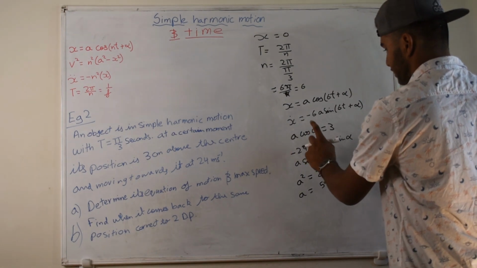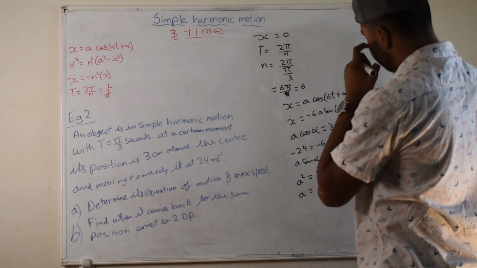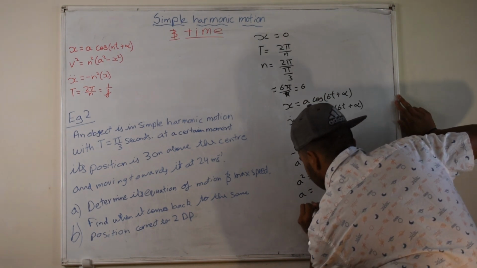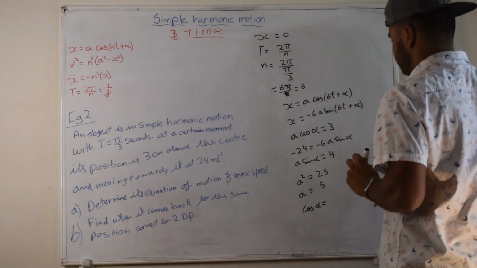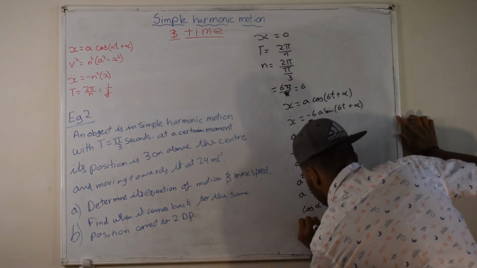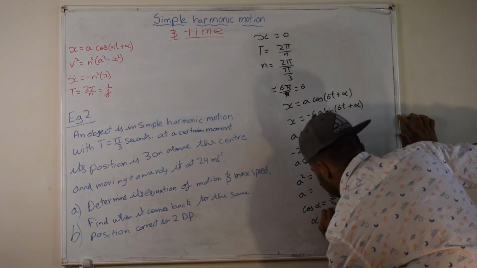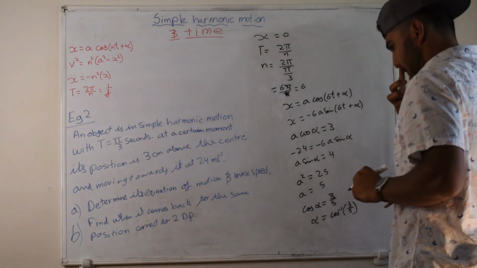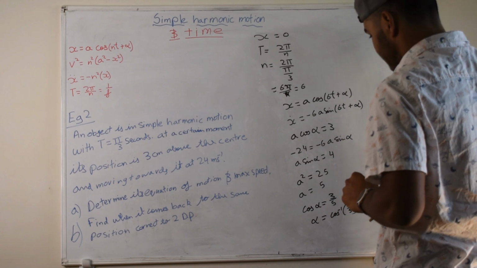Coming back to this example over here, if a equals 5, cos alpha equals 3 upon 5, alpha equals cos inverse of 3 upon 5. Correct?